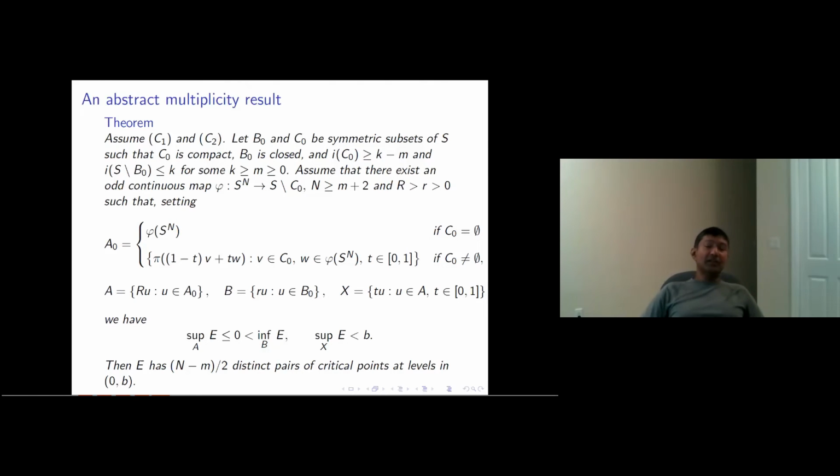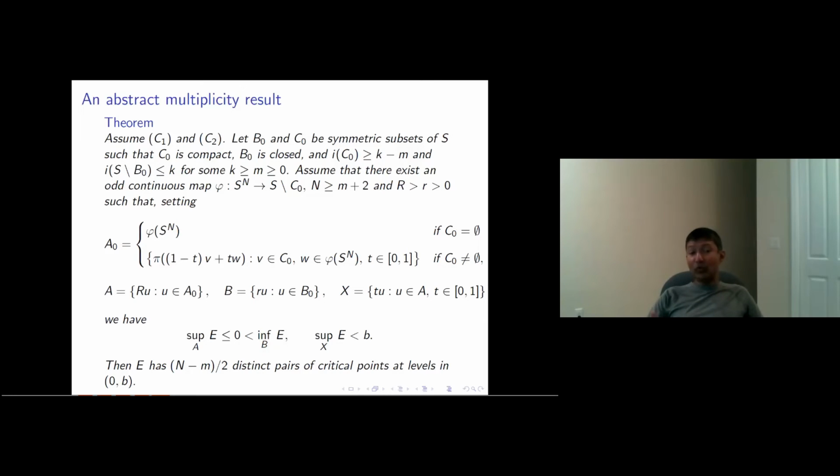So in the classical case, if you assume that you have the PS condition under assumptions like the ones in this theorem, you get n minus m distinct pairs of critical points. So here we get something weaker. We only get half of those critical points. We don't get n minus m distinct pairs of critical points.